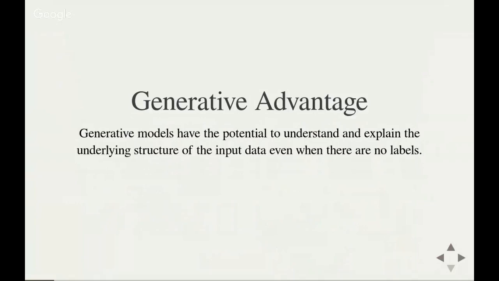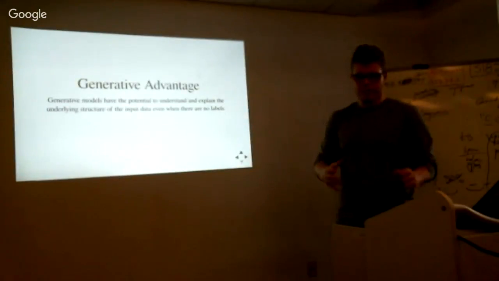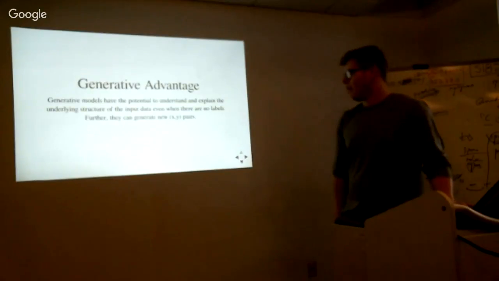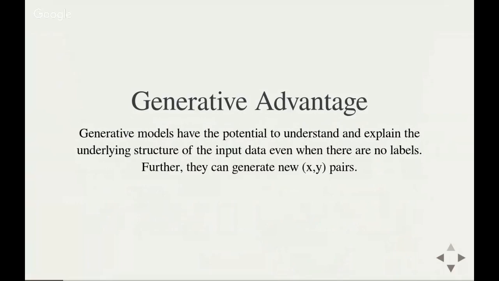So I don't necessarily need to know that two things are separate, distinct classes if I can just learn this probability space over the input data that I'm given. Another really nice thing is that I can now generate data which exists within that probability distribution. If I'm trying to classify images of cats and dogs, and I use a generative model, then suddenly I have the ability to produce new images of cats and new images of dogs, which is really cool for a number of reasons.